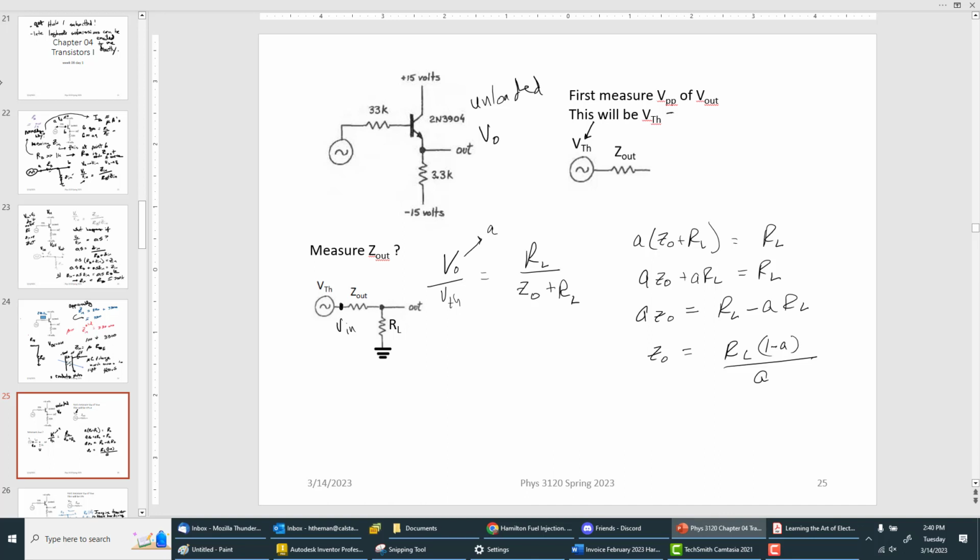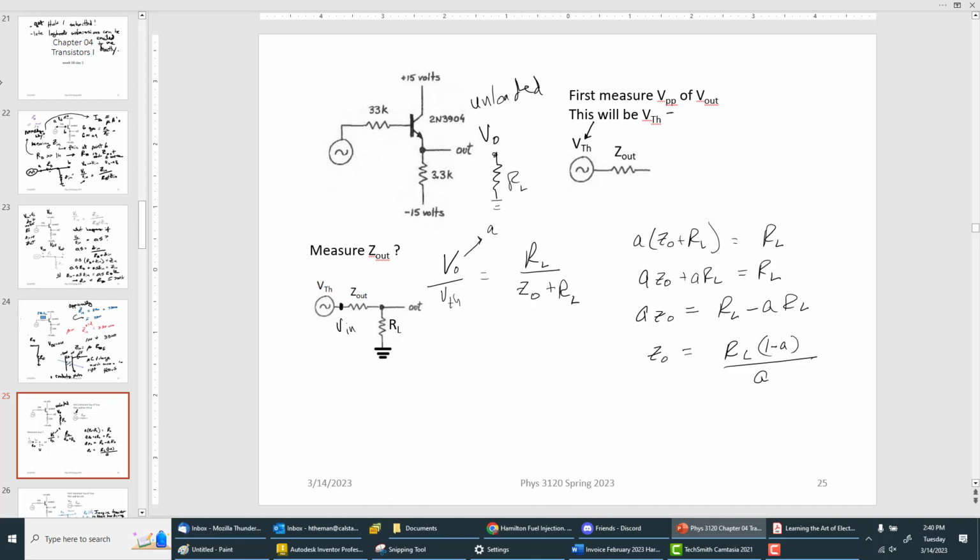So just as, again, we form a voltage divider, when we add a load resistor, we form a voltage divider with the output impedance of our source, which is in this case, the emitter follower.